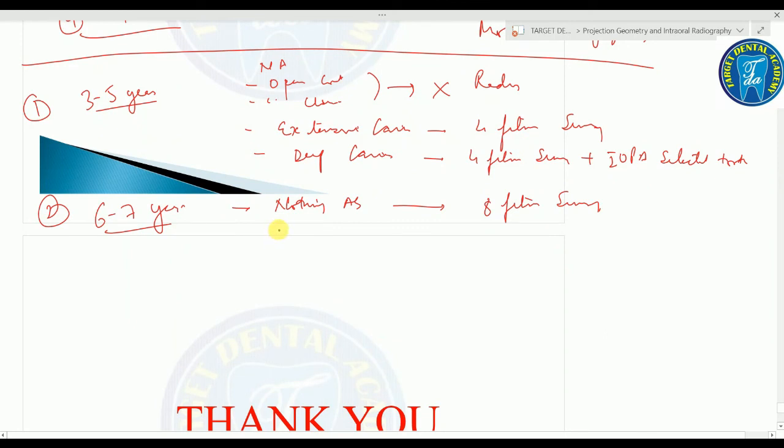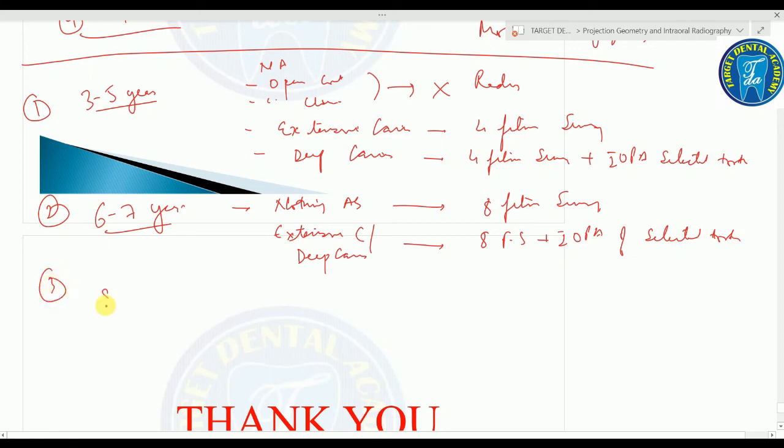And when there is extensive or deep caries, you prescribe the 8 film survey plus the IOPA of the selected tooth.